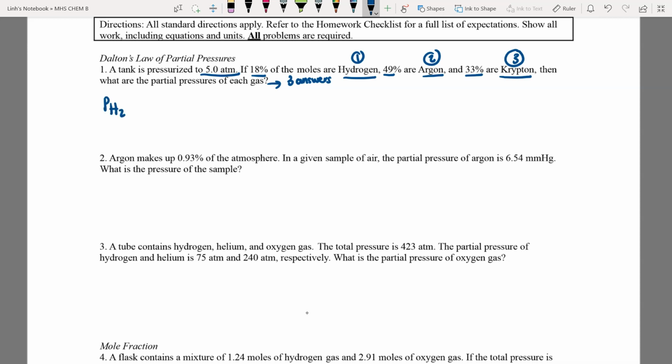The partial pressure of hydrogen is just 18% of the total pressure, and I know that the total pressure is 5 atm. So I'm going to do 18% converted to a decimal, times the total pressure of 5 atm, giving me the final answer of 0.9 atm. You're going to follow the same exact steps for argon and krypton.